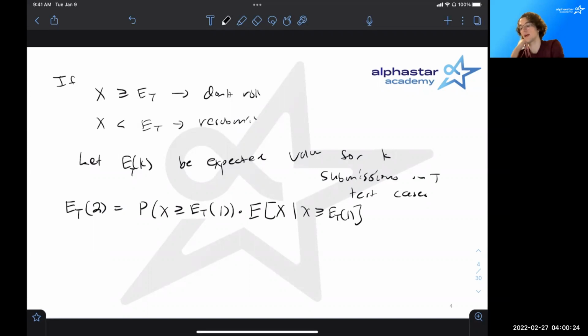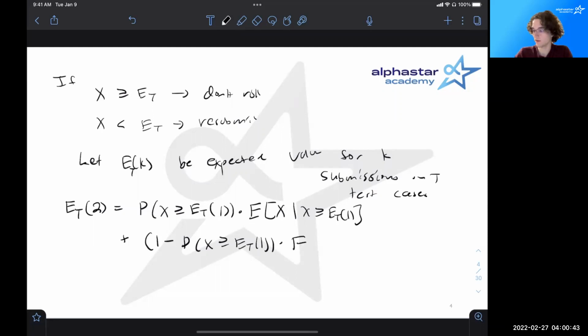So in the case we get something greater, we want the expected value of something greater times the probability we actually get something greater, plus 1 minus P of x greater than or equal to E_T of 1, times just the remaining probability, so E_T of 1.